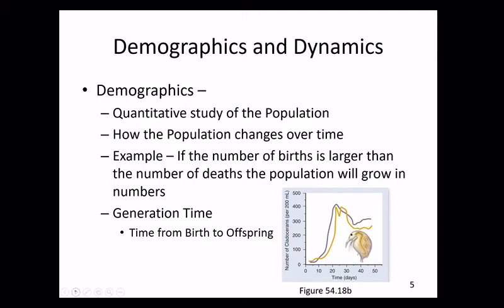And so demographics is a quantitative study of populations that show the change in the population over time, how the numbers of individuals are changing, how the ages of the individuals present in the population change over time.